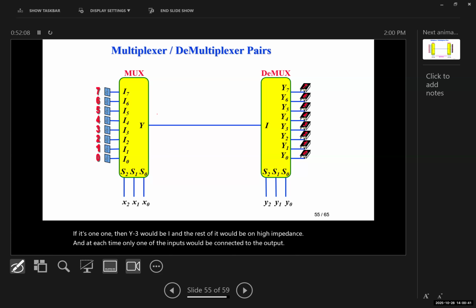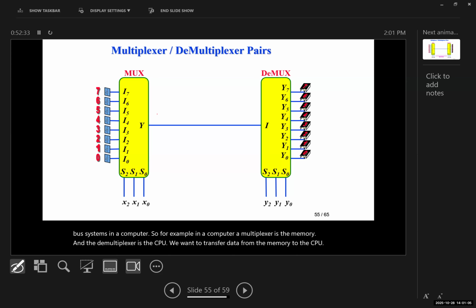Now, the multiplexer and demultiplexer can again be used as a pair. And this is a fundamental of the bus systems in a computer. So for example, in a computer, a multiplexer is the memory, and the demultiplexer is the CPU. We want to transfer data from the memory to the CPU.